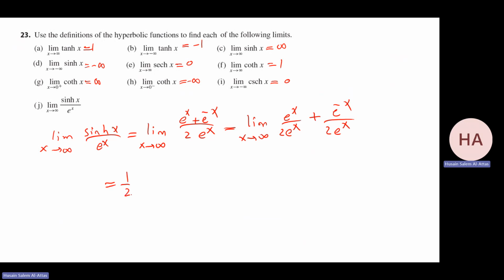So now I can simplify that, which is e to the x over 2e to the x plus e to the minus x over 2e to the x. So I'm getting half plus 1 over 2e to the power 2x. Don't forget the limit. This goes to 0. So I have half plus 0, which is half.